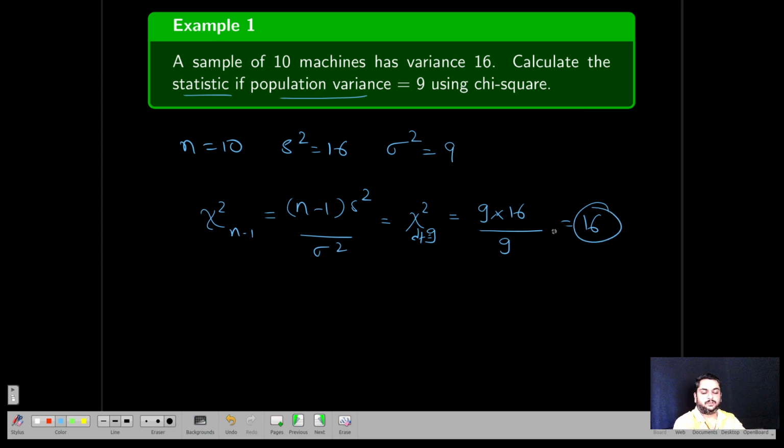Again, for the chi-square distribution with 9 degrees of freedom, you will have some probability values. From that, those values indicate whether your test is successful or not. Test successful means whether whatever we estimated is a good estimate or not. That is the basic concept.